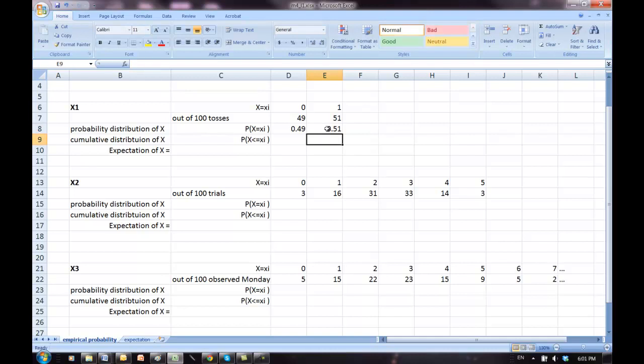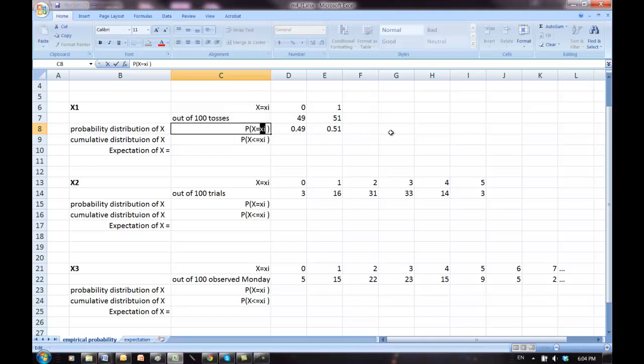Now I want to formally introduce to you the convention of this writing. This writing is nothing but a mathematical way to say what is the probability of x, the variable, taking on a particular value, xi.